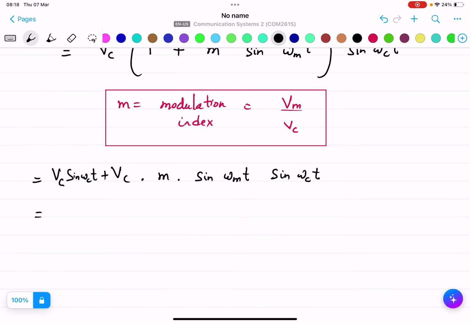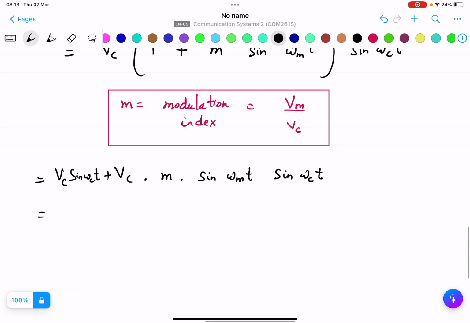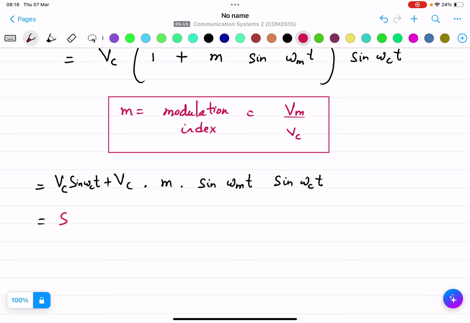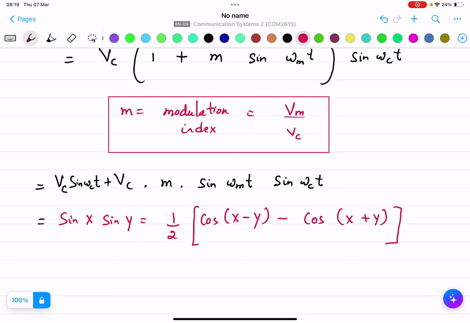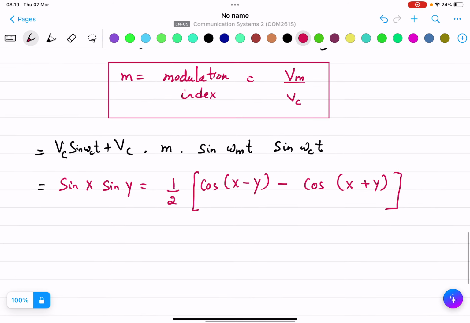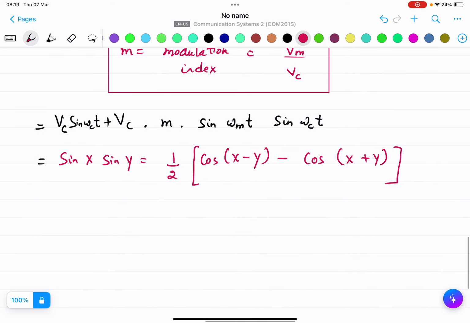Now, to solve it further, we know there is a formula for sine x sine y, half of cos x minus y minus cos x plus y. You have already studied this formula in mathematics, so we will use it in this expression.